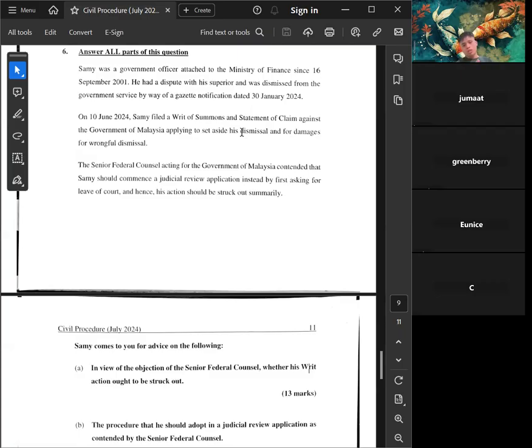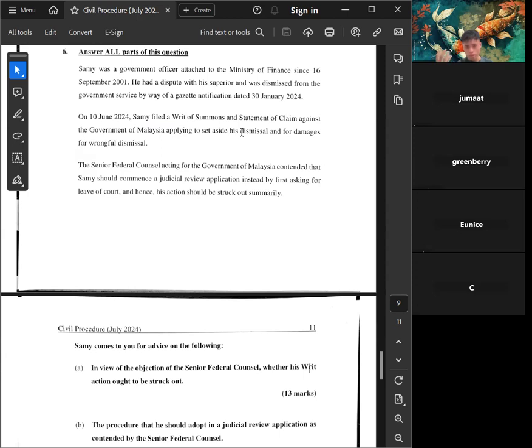Now, cause of action is actually very, very important because it essentially determines whether you have a valid case against the particular party. I know some of you might have been confused whether he can sue the government.